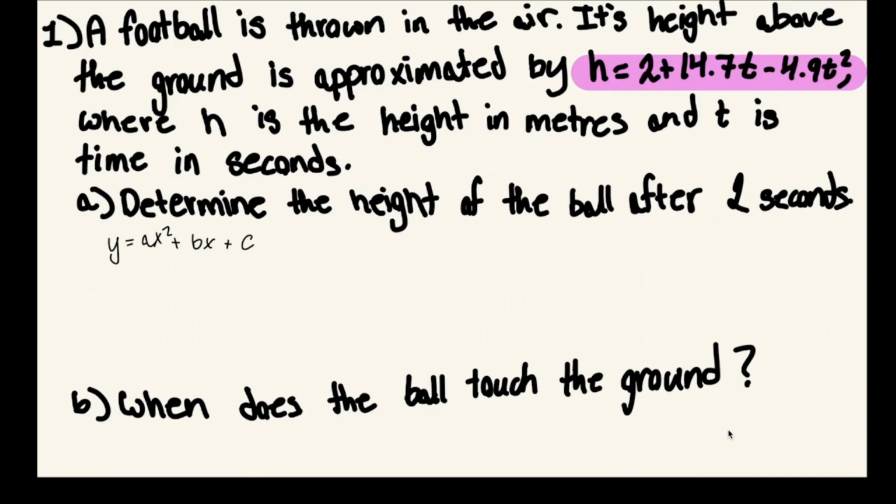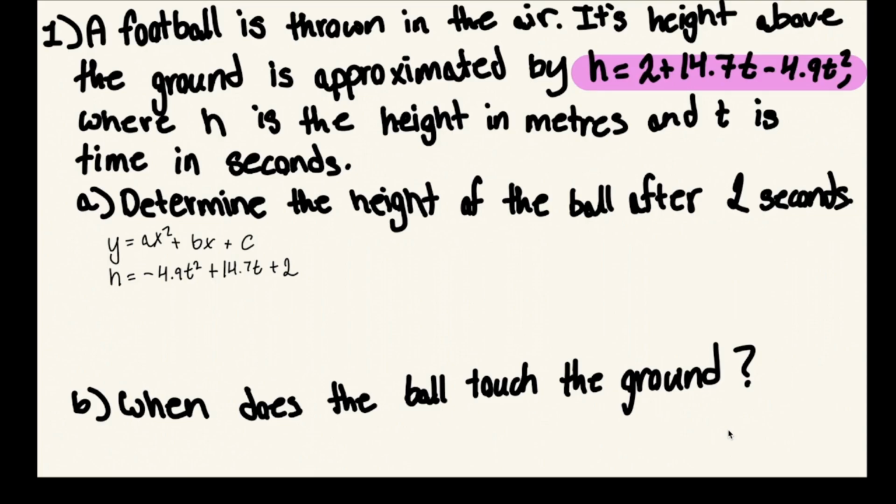If we rearrange it into that form, it would be h equals negative 4.9t squared plus 14.7t plus 2.